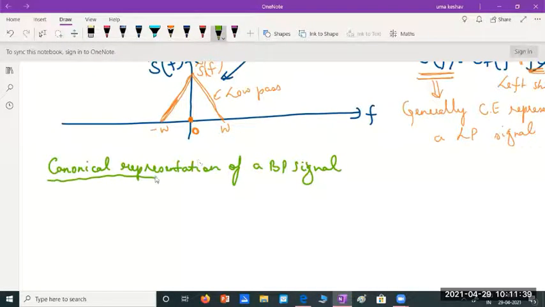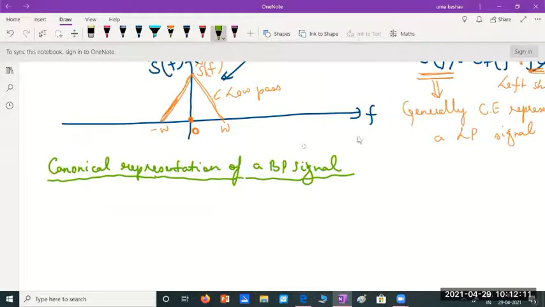All of us know what canonical representation is. Anybody can tell me what is canonical representation? Usually when we write it in the rectangular form and include sines and cosines in the mathematical representation, it is known as the canonical representation.